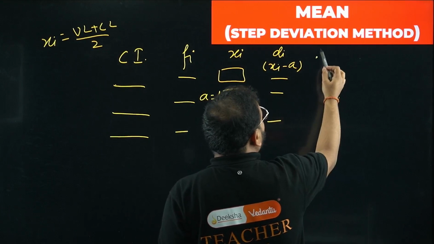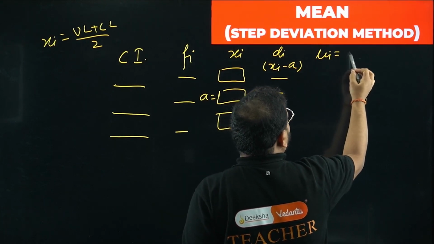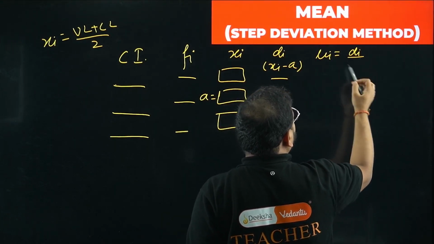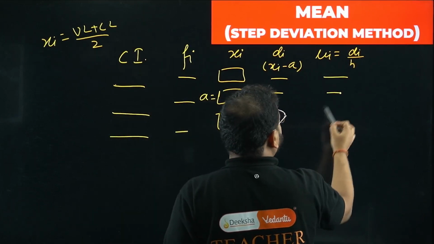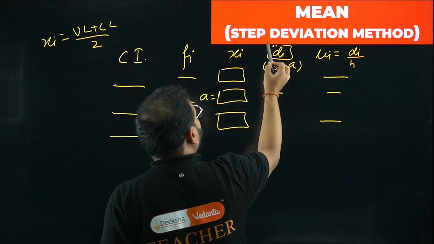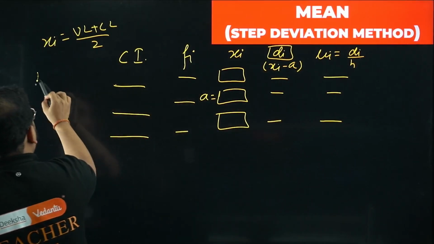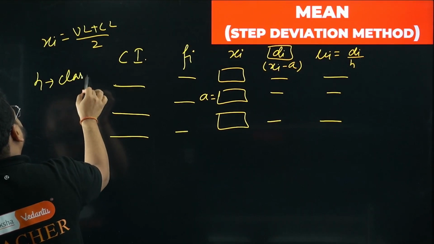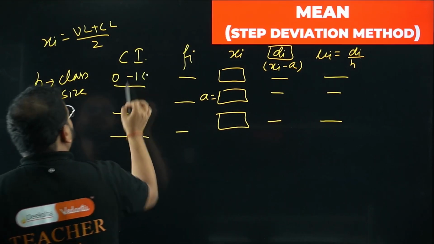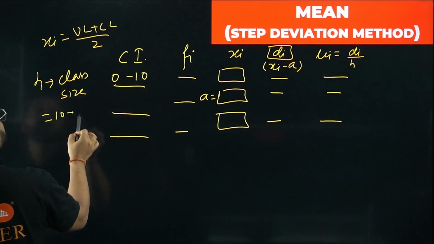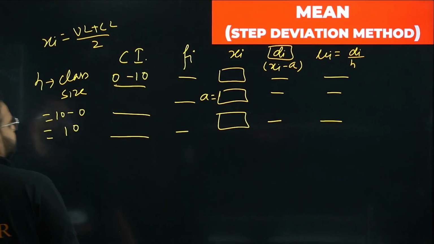Next will be something called ui. What will ui be? Di upon h. You'll also get these values. We have the di value. What is h, sir? H is called the class size. What does it mean? Let's say I have 0 to 10, and this is going to be 10 minus 0, simply 10.